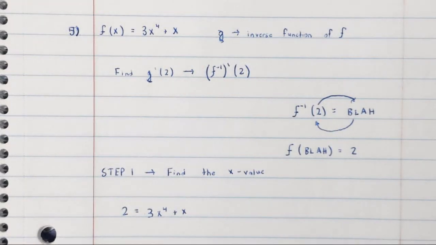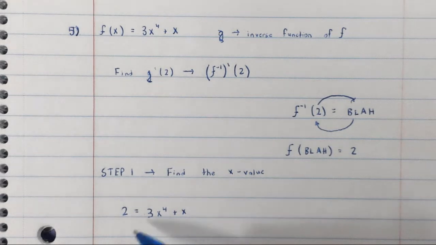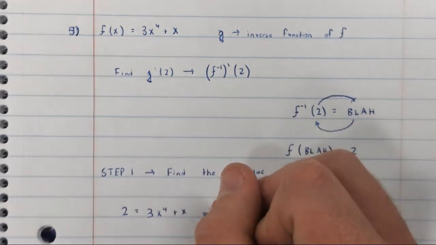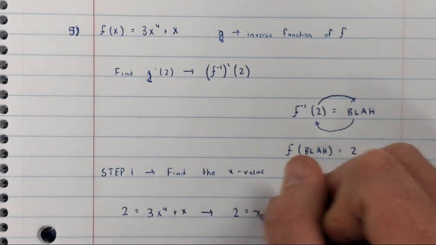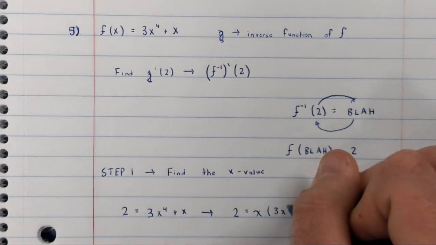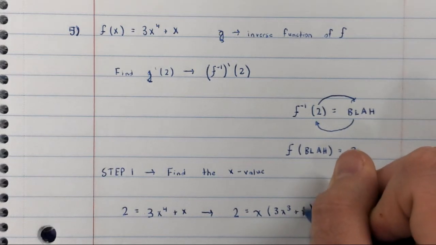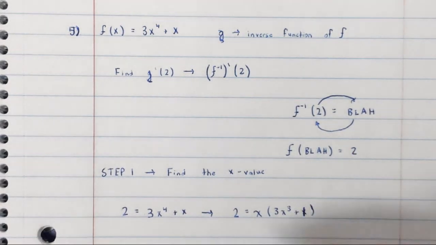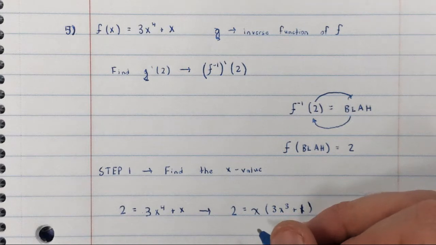Now what I was trying to do in class is factor out an x and set those equal to 0. I was trying to say, well, 2 is equal to, let's factor out an x, x times 3x to the third plus 1, and set those equal to 2. But this only works if they're equal to 0, right?